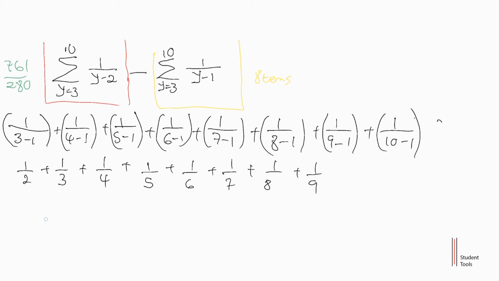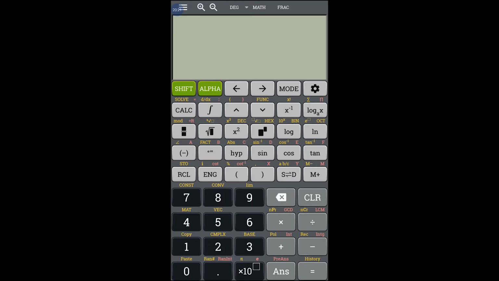So to do that, we have to get the LCM. So the LCM of this is 2 multiplied by 3 up to 9. 2 multiplied by 3 by 4 by 5 by 6 by 7 by 8 by 9.